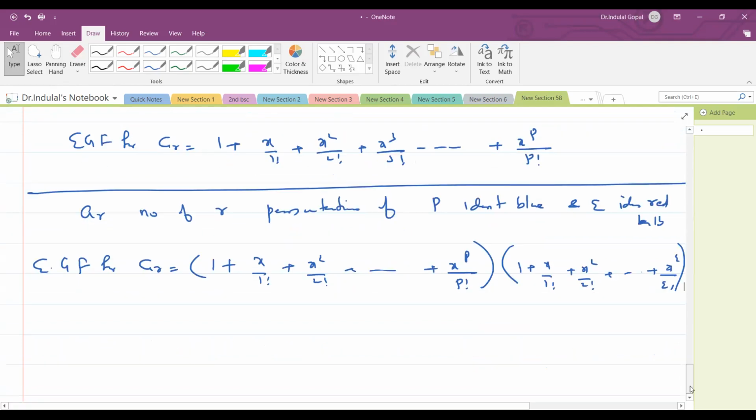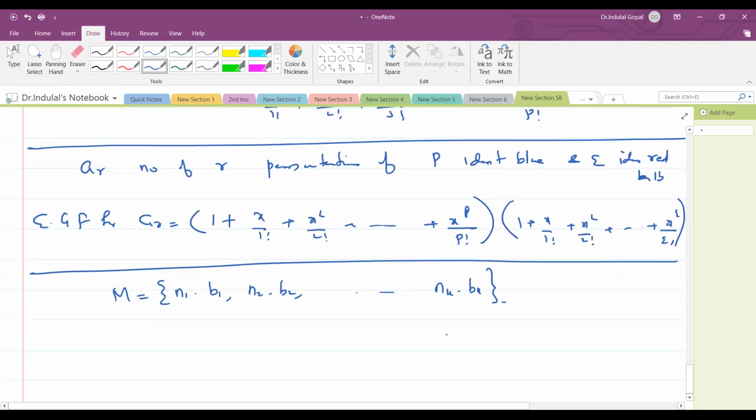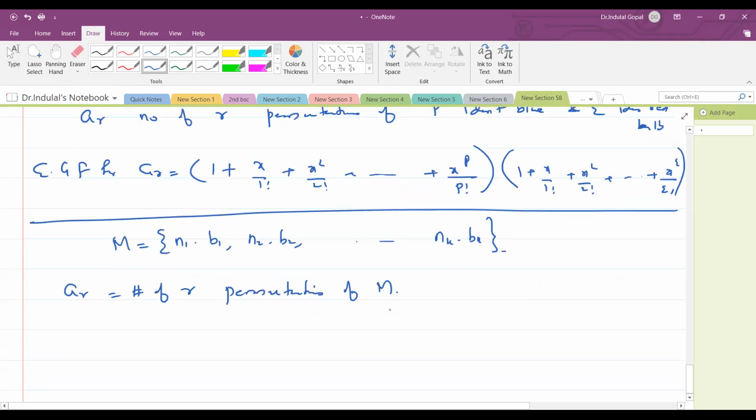So, for example, suppose capital M is the multiset N1 B1, N2 B2, etc., Nk Bk, and AR denotes the number of R permutations of capital M. What is the exponential generating function for AR?